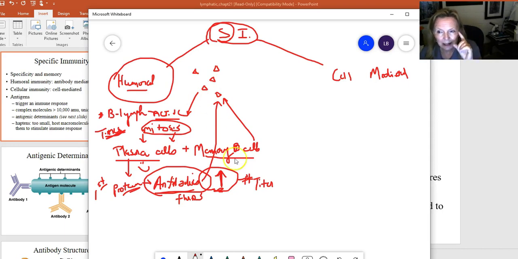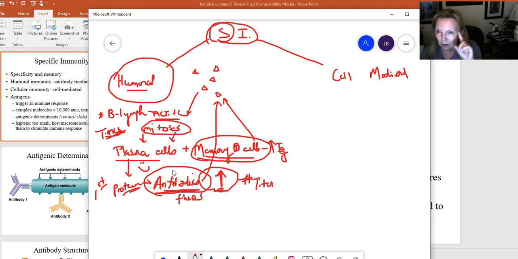And the beauty is that after we see them the first time, we will have memory cells that are ready for them the next times, so that we don't have to go through signs and symptoms of the disease, because the next time that we get exposed, these B cells will start pumping out massive quantities of antibody, and I'm going to call it immunoglobulin. Immu means to protect, globulin is a protein, protective proteins are antibodies.